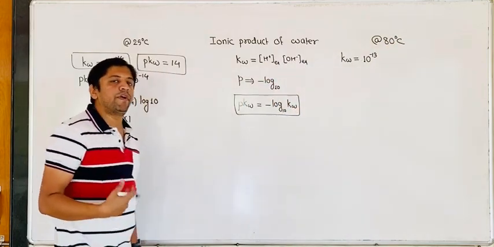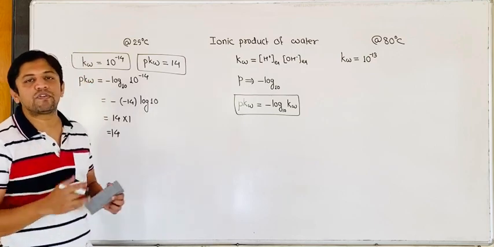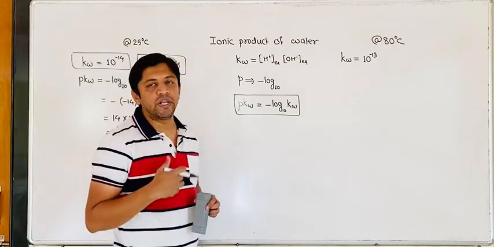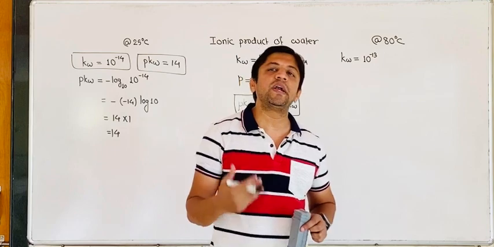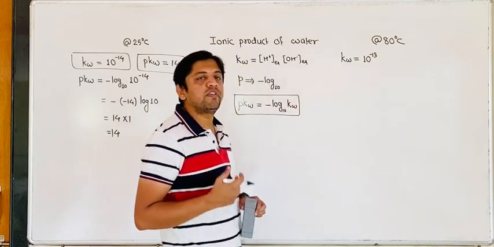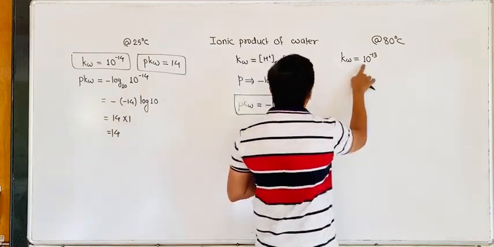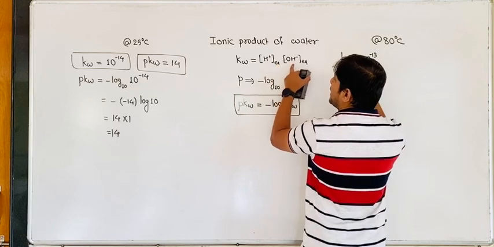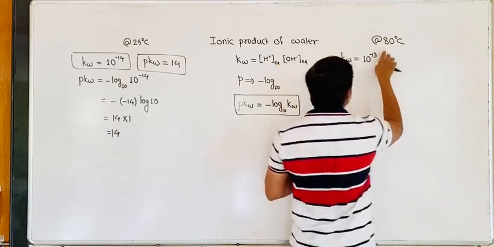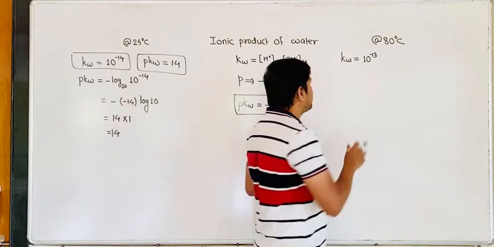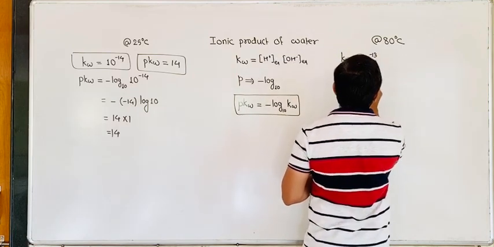Dissociation of water is more favored at higher temperature as dissociation requires absorption of energy. As energy is absorbed at higher temperature, dissociation is more favored. Hence the value of Kw, the ionic product of H plus ions and OH minus ions, increases at 80 degrees Celsius. Kw is equal to 10 raised to minus 13.